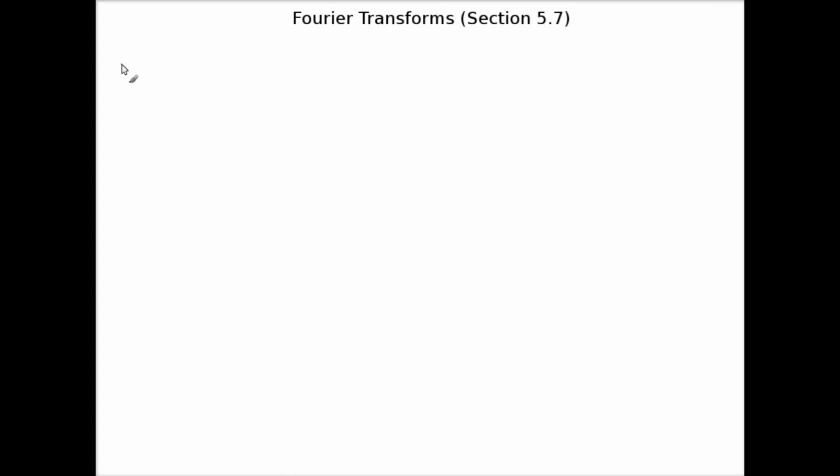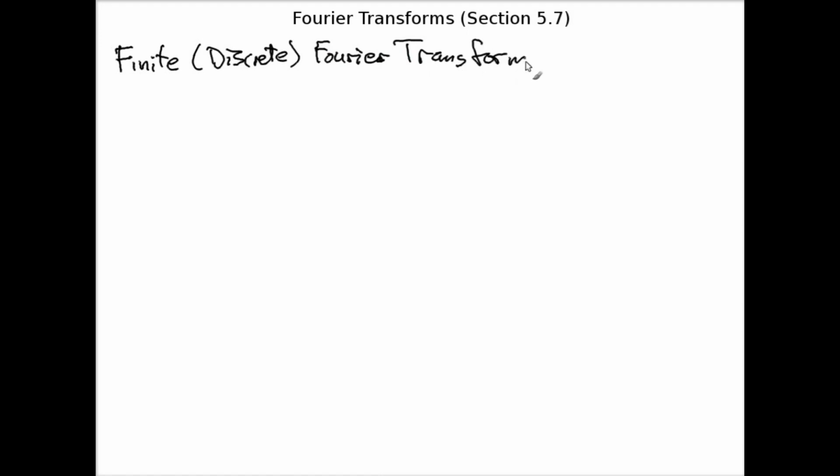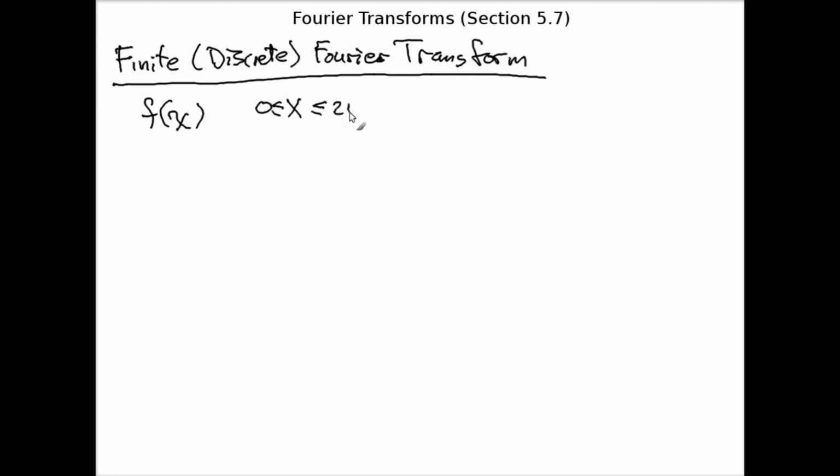So let me summarize this. What we've been talking about is the finite, or sometimes called discrete, Fourier transform. And the setting is we're given this function f of x, where x is running from 0 to 2 pi. And we pick this large number n, and we break the interval up into n equal segments.